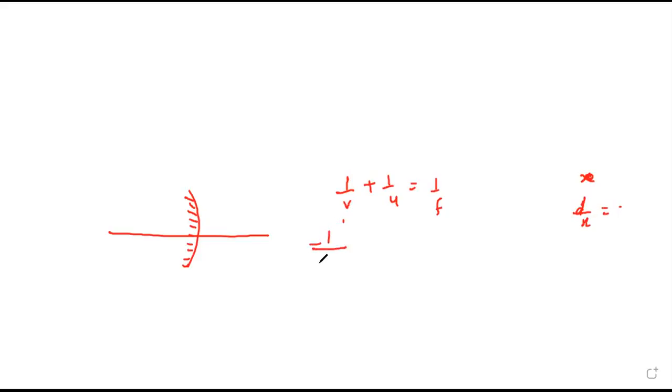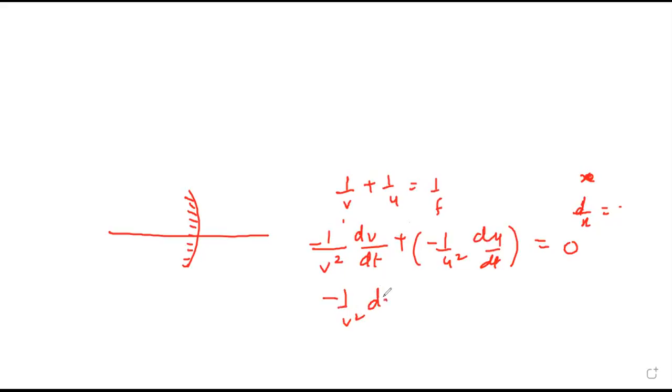So the derivative of 1 upon v is minus 1 upon v square, and differentiating with respect to time I write dv by dt extra. That is called chain rule. Plus 1 upon u will be minus 1 upon u square into du by dt. And the derivative of the focal length, which is constant, will become 0. So from this, minus 1 upon v square dv by dt will become plus 1 upon u square du by dt. Okay.